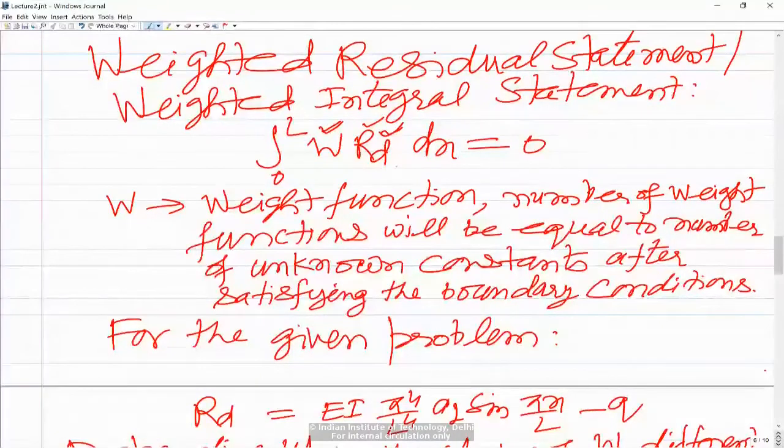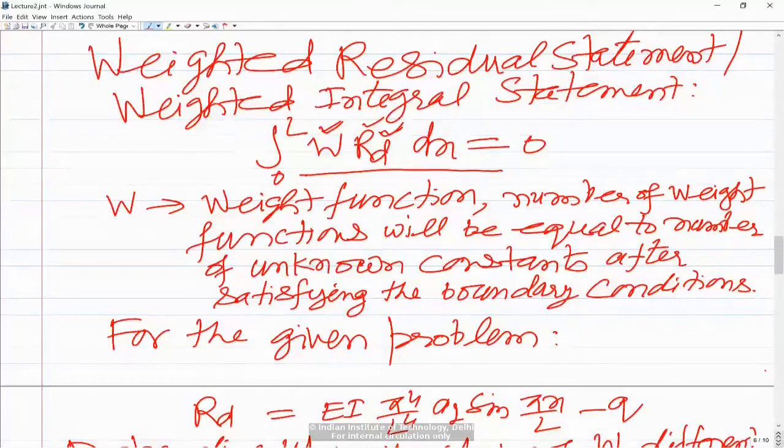Whether you look at EA d2u by dx square plus q as a residual, or EI d power 4 by dx power 4 minus q, these are essentially the unbalanced forces.